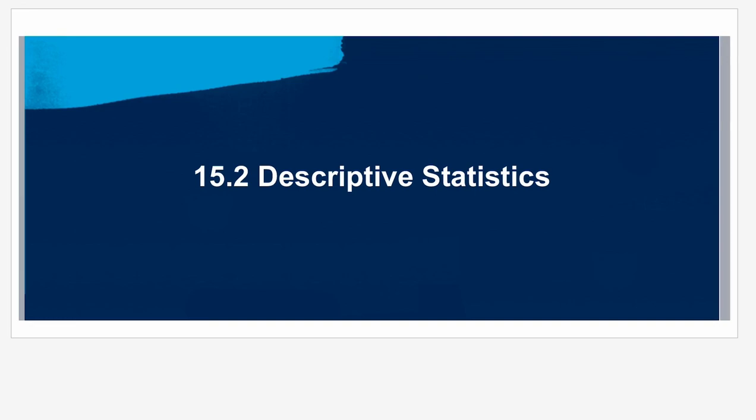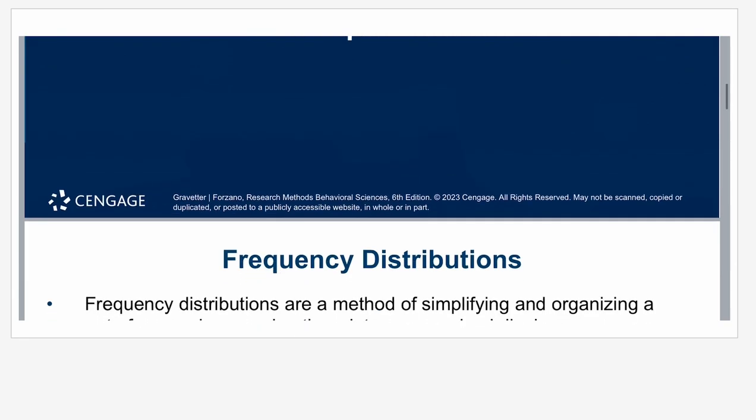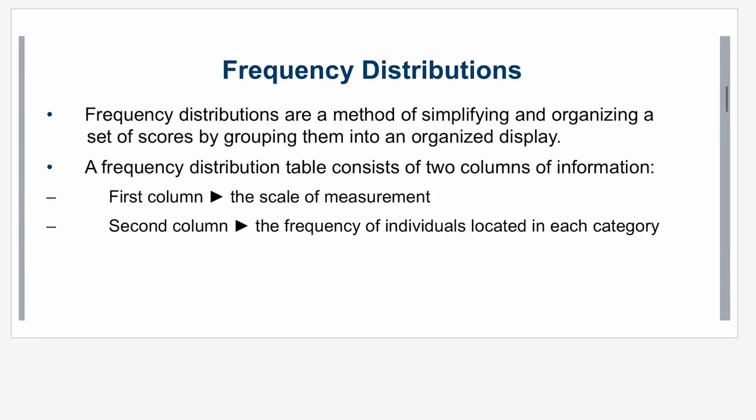Okay, so first we're going to talk about the first technique, which is organizing that entire set into a table or a graph to see the whole set. That is called a frequency distribution, the first thing we're going to discuss here. Frequency distributions, again, simplify and organize a set of scores. We're grouping them into an organized display. It consists of 2 columns.